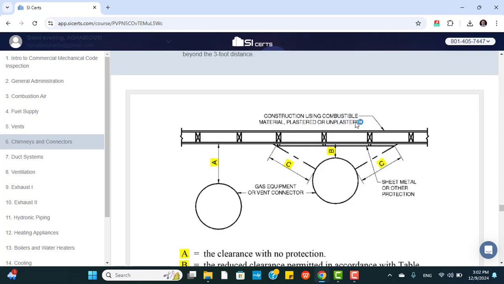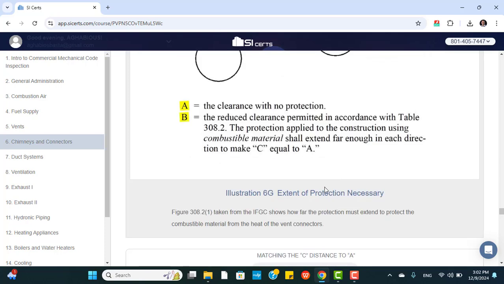Here is a construction using combustible material, plastered or unplastered. Here is the distance A, this is B, C, and C. Okay. Illustration 6G, extent of protection necessary.